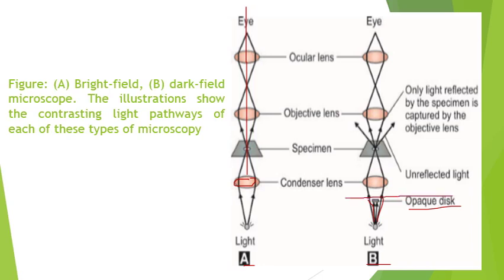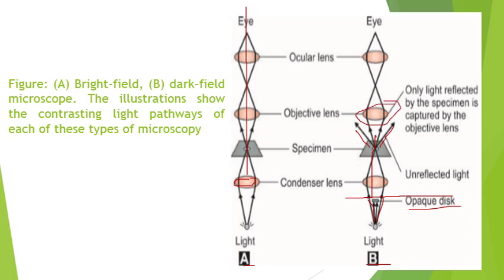Then light enters into a condenser lens. From this, light transmits through the specimen, and only light refracted by the specimen is captured by the objective lens, while the scattered light is not captured by this objective lens.